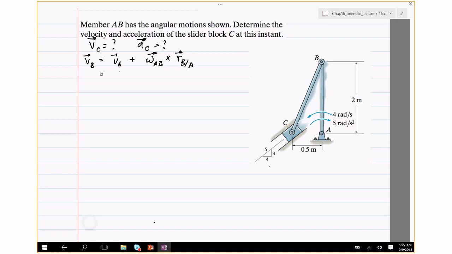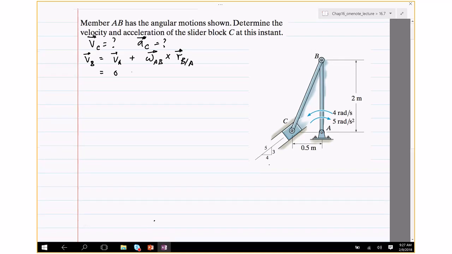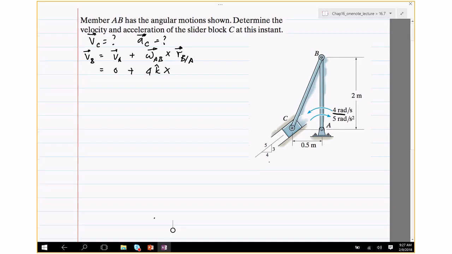It's 0 because it doesn't move. Angular velocity of AB is 4, and what's the direction? It's positive, so positive k. What about the vector from A to B? So the length is 2, and what's the direction of the vector from A to B?